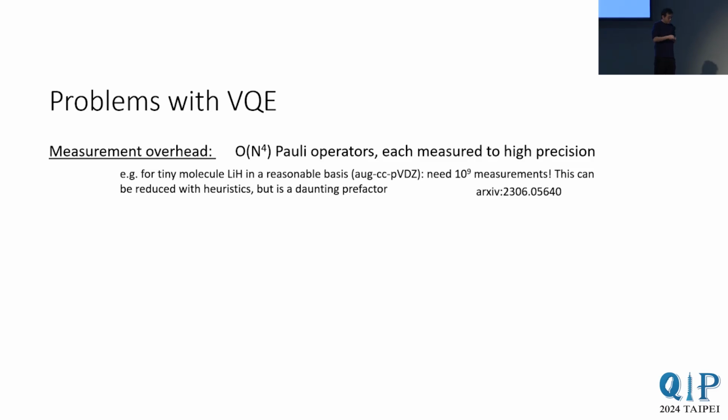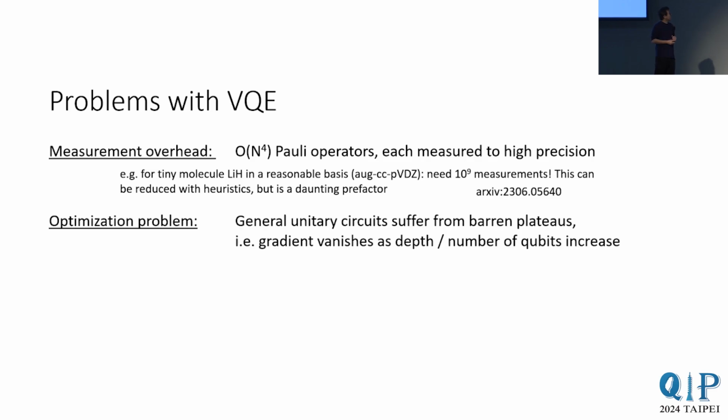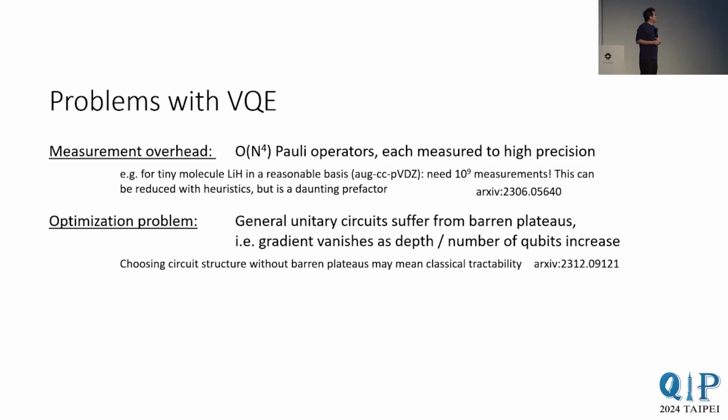And that's for a diatomic molecule. And then in addition, you have to optimize the circuit. And if you just choose general unitary circuits, they're very hard to optimize. And there's even the idea that if you try and choose a circuit which doesn't have barren plateaus, perhaps that means that it's classically tractable. So actually, I don't know what people think of this work, but at least it was a paper with an interesting title.